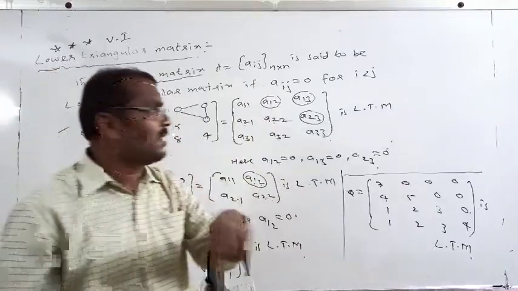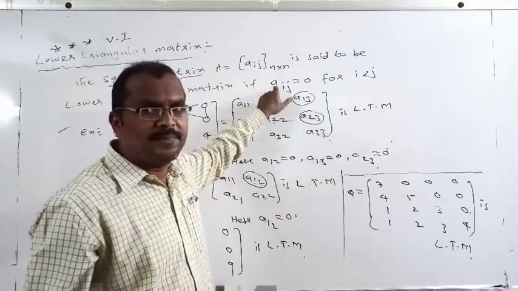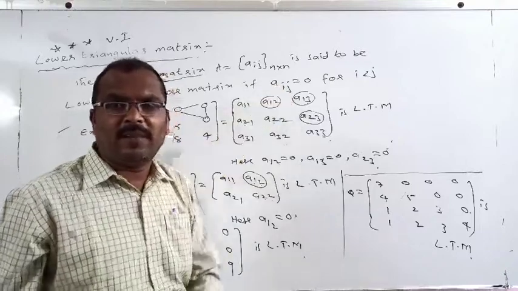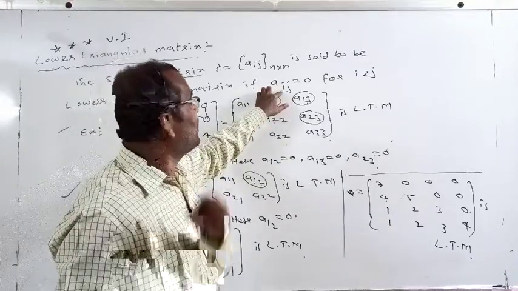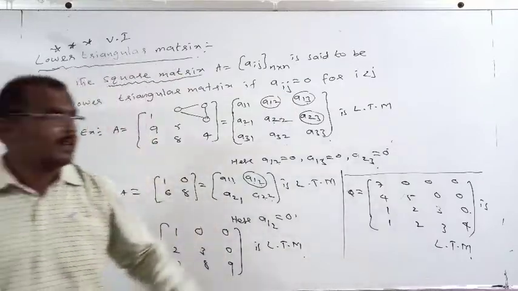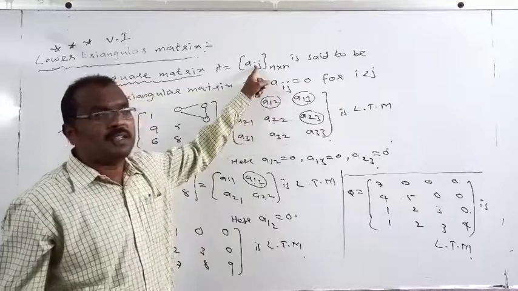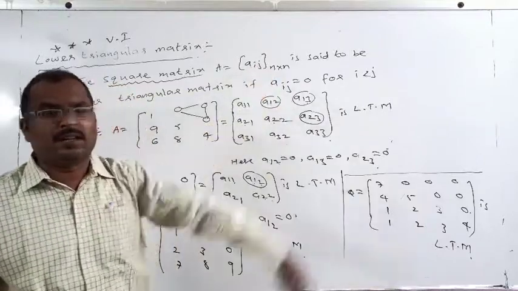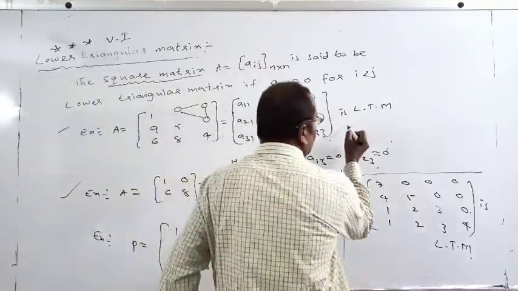So don't confuse here, Aij denotes the element. In general, we are taking the element at the ith row and jth column. The meaning of Aij is the element in the ith row and jth column. So you may take the clarity.